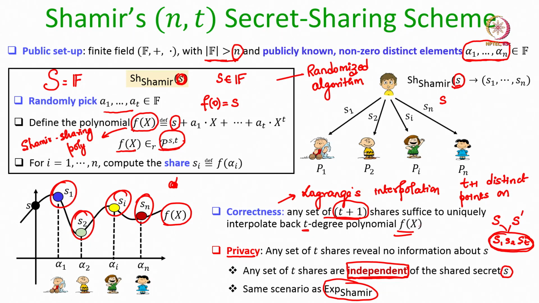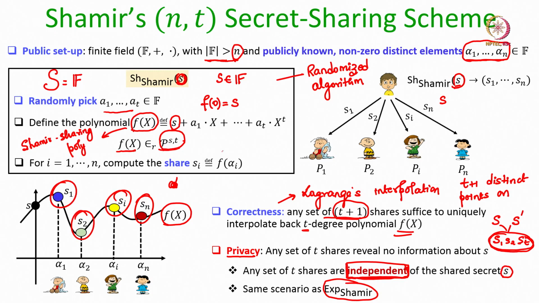And in the context of that experiment, we have proved that the probability distribution of t output values is independent of the input, and we had actually demonstrated that with an example as well. So, the privacy of the Shamir secret sharing simply follows from that argument.